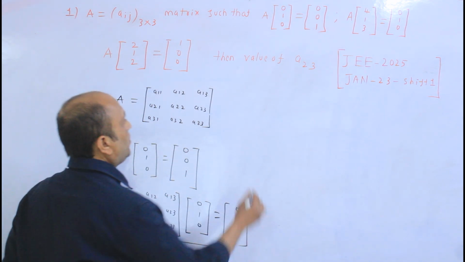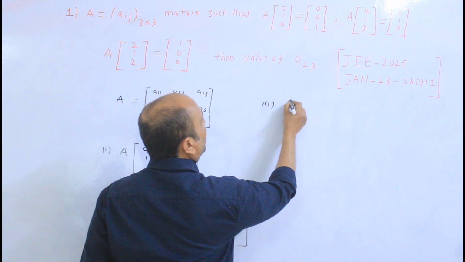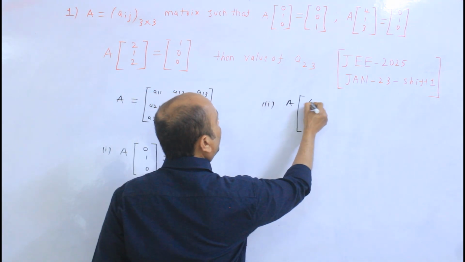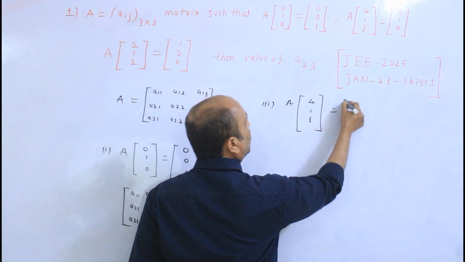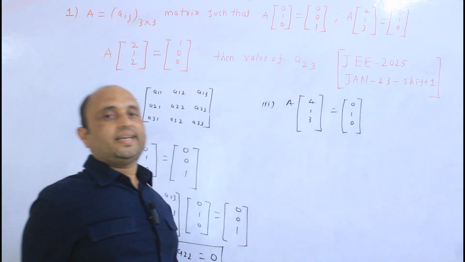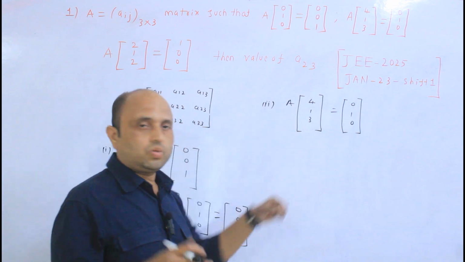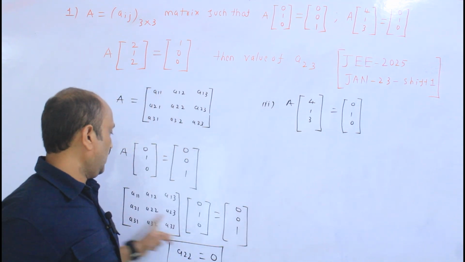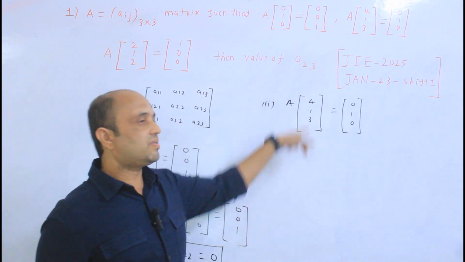Next, the second equation: A of (4,1,3) is equal to (0,1,0). Here also the same, just take the second row and the first column.